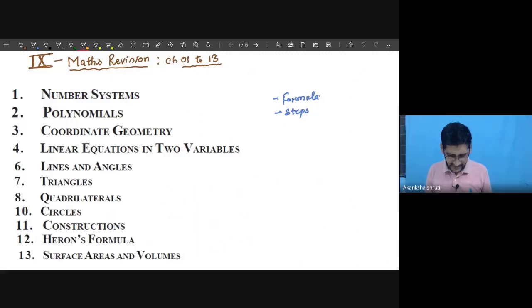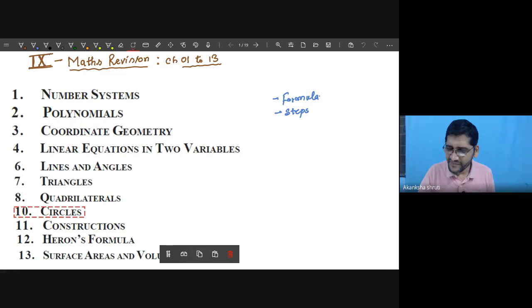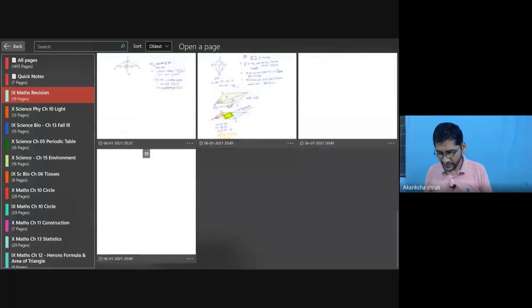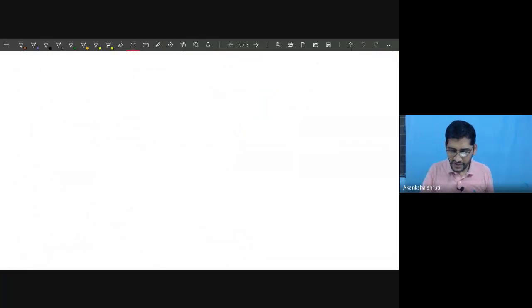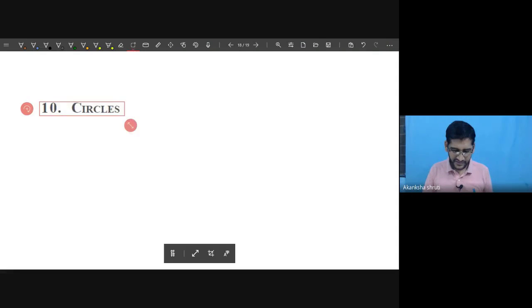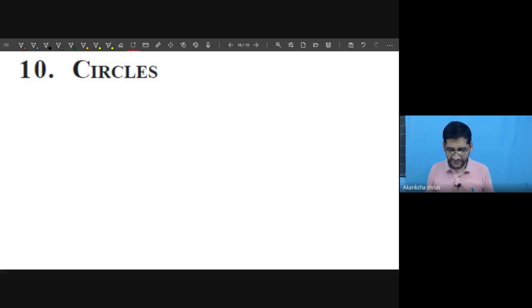What is the next one? Circle. It's again very easy. In this circle, we have to learn about the various terms related to the circle. What is the definition? Everything we had learned earlier.